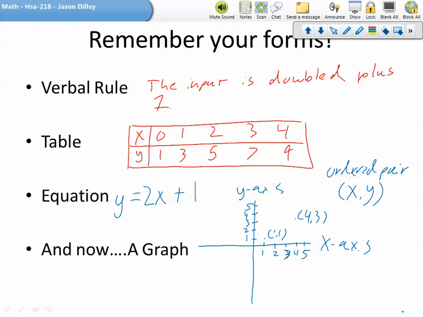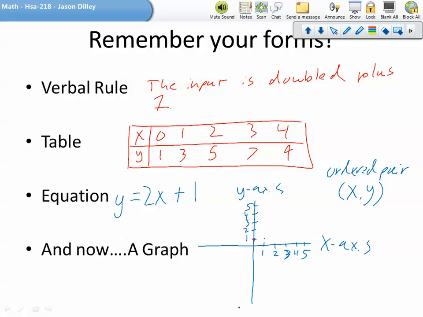So we can represent graphs in that same sense. And if I was smart, what I would have done is made a graph of this particular function. Let's do that really quickly. And we'll do this in purple. So we go to the point 0, 1.